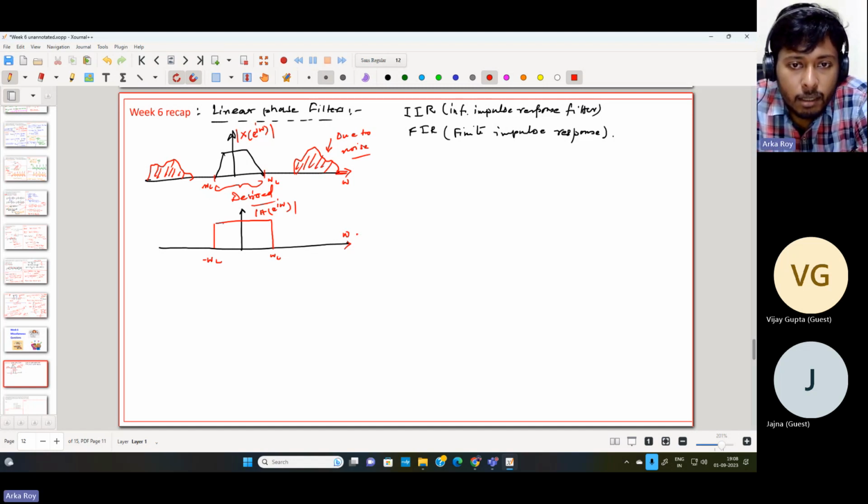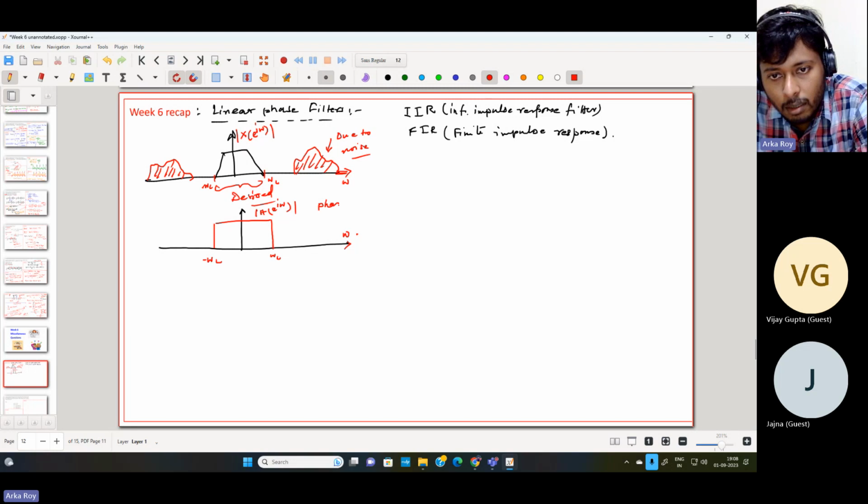Now, if we multiply these two, I will exactly get this particular shape, and these unwanted noises will be deleted. But employing just this particular magnitude spectrum means that the phase corresponding to this filter is equal to 0.